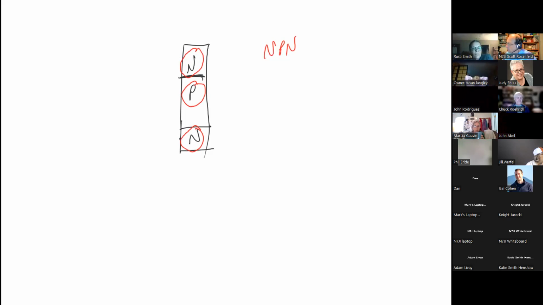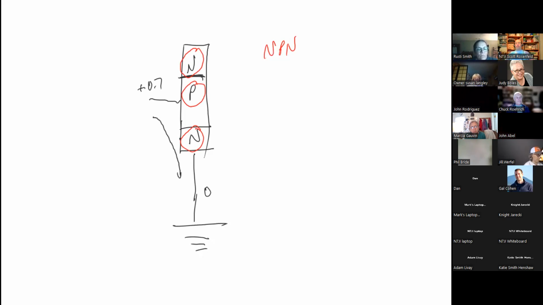Okay, so now what we can do with this is we can say, okay, well, this PN, if we put a voltage right here, like 0.7, and put this at 0 volts, 0 volts is known as our ground. If we put a little bit of voltage there, we end up with a current that flows in the direction of the arrow.